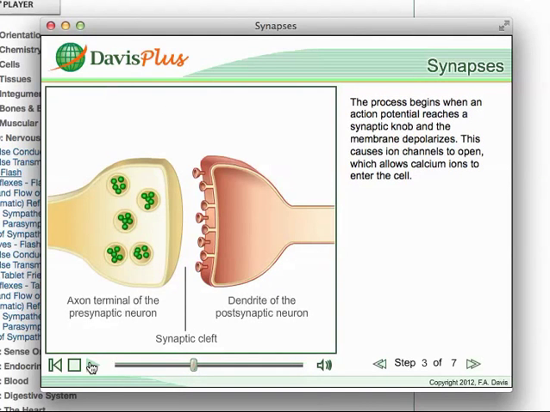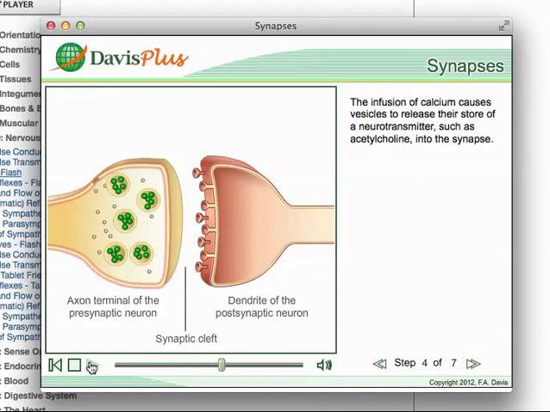The process begins when an action potential reaches a synaptic knob and the membrane depolarizes. This causes ion channels to open, which allows calcium ions to enter the cell. The infusion of calcium causes vesicles to release their store of a neurotransmitter, such as acetylcholine, into the synapse.